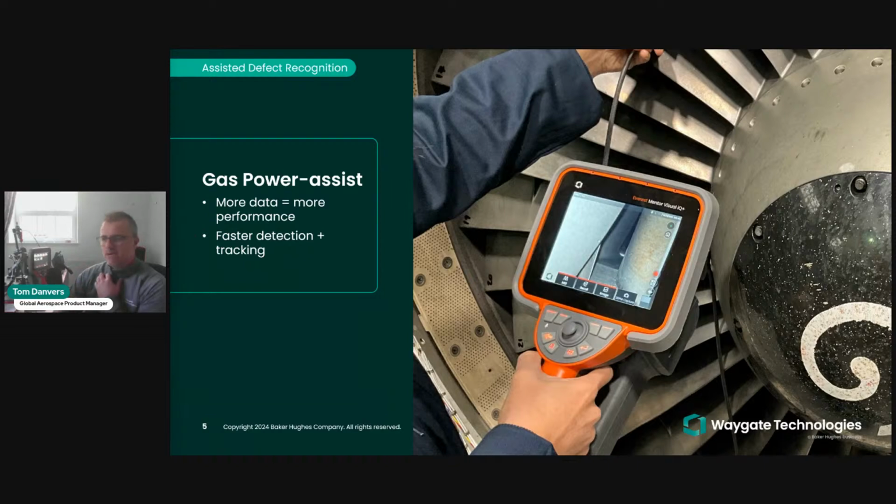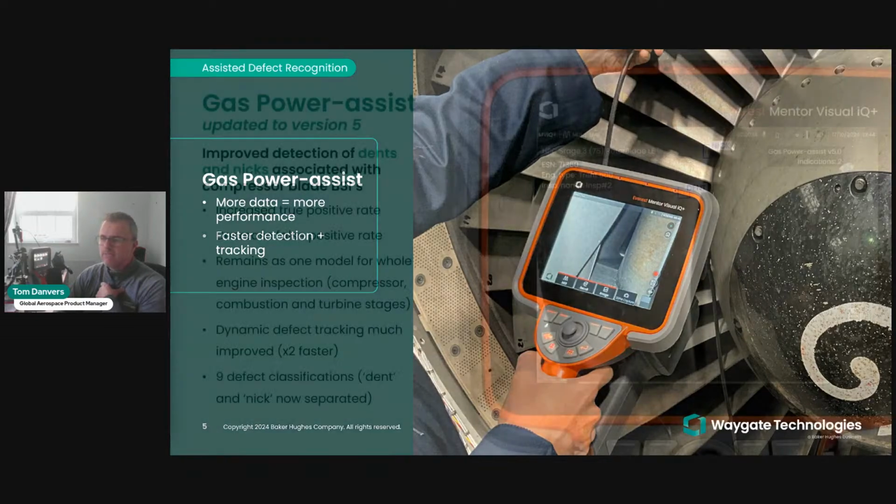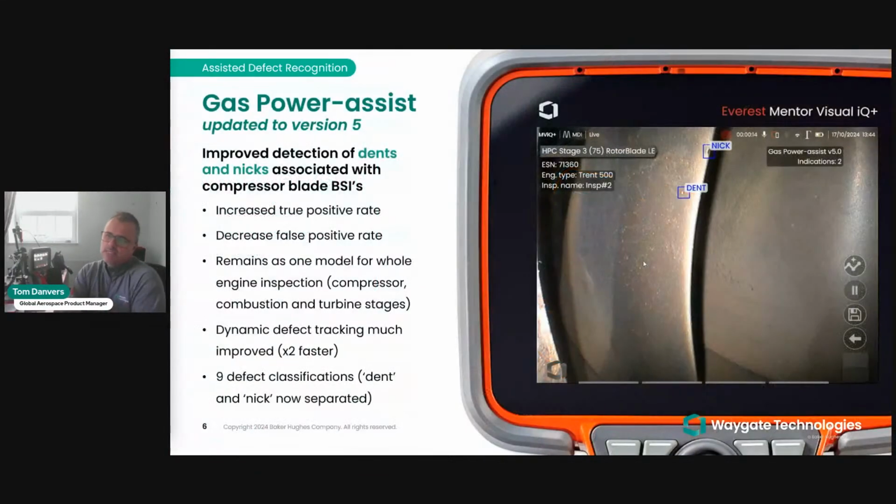To where we are now, we're releasing GasParAssist version 5.0. And as you'd expect, as we release new updates, the performance increases. And we've also, in this release, improved the detection and tracking facility that we have on the analytic. So a little bit more detail here.